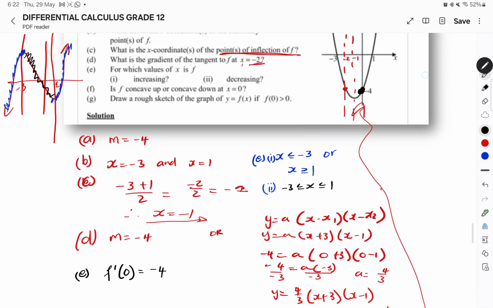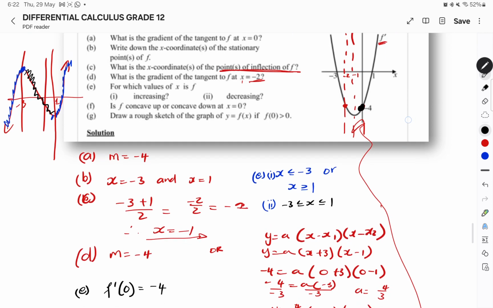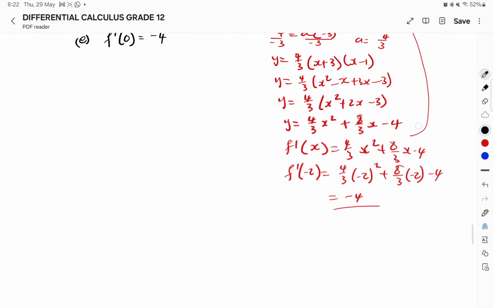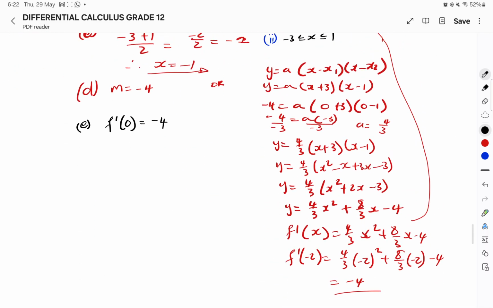Now, for us to know if it's concave up or concave down, it would be very easy to find the second derivative at that point 0. We can determine the second derivative using our equation.